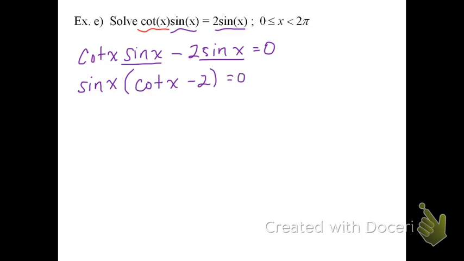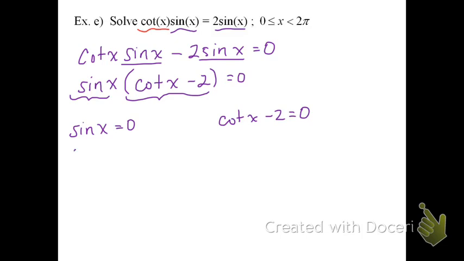And then since our equation is equal to 0, we can take each factor and set up two little mini equations. Sine of x is equal to 0 and cotangent of x minus 2 is equal to 0.